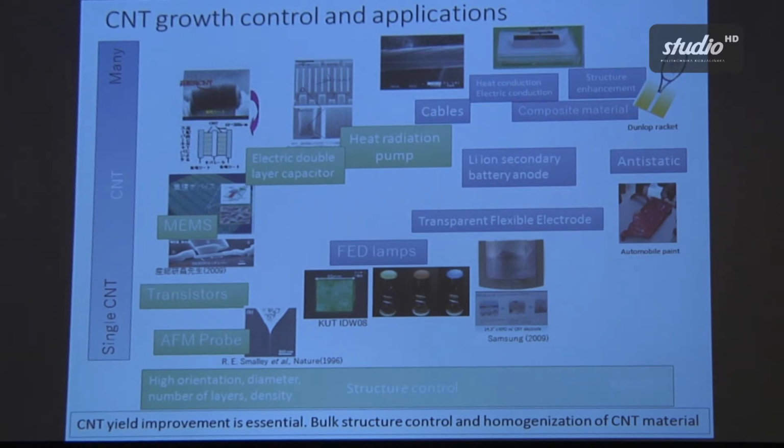And because of that, we can apply to different transistor lamps, transparent electrodes, also, for example, already in the composites, in the tennis rackets, for example, in the cars also. In the paint also happens. So basically, due to that, we have in the material applications and some device applications also. More electronic, more thermic.